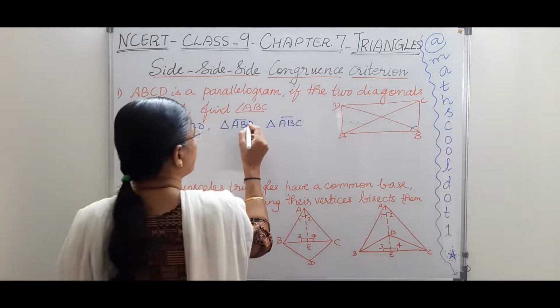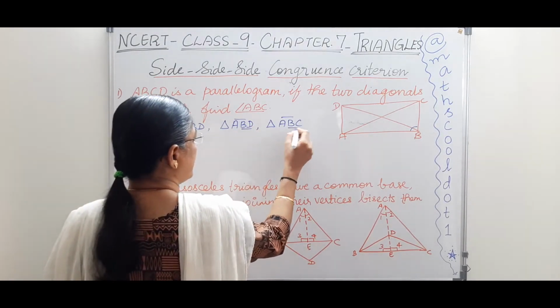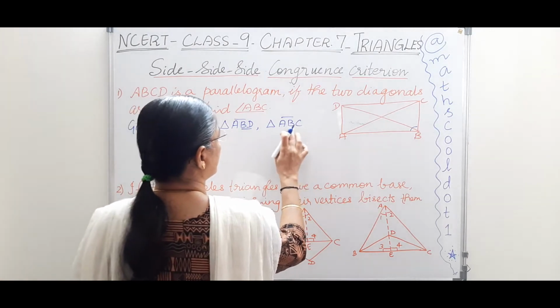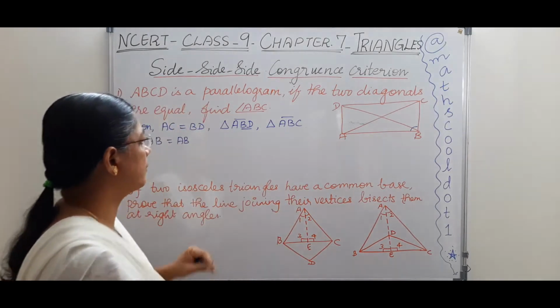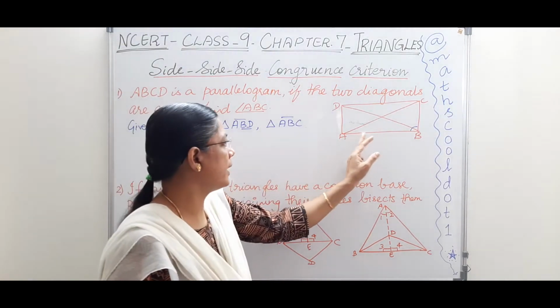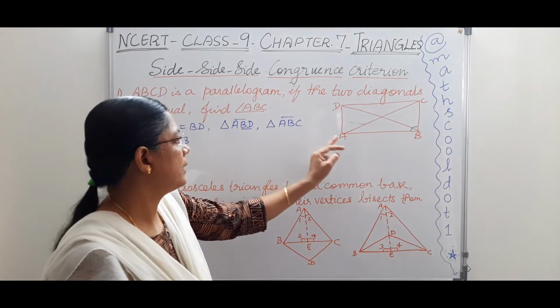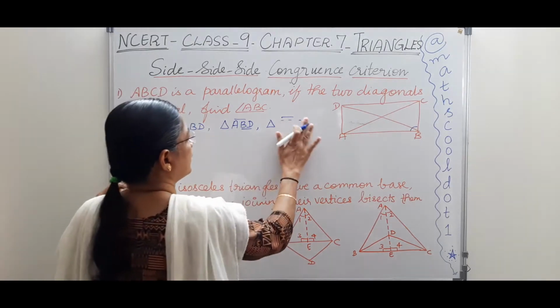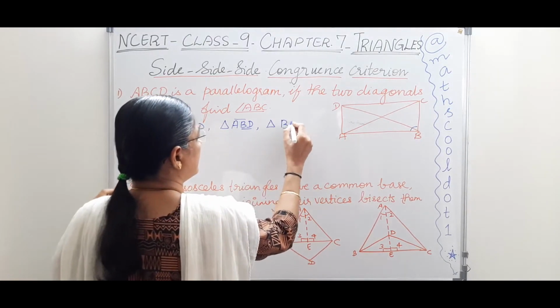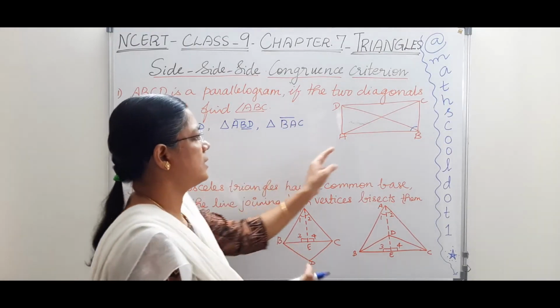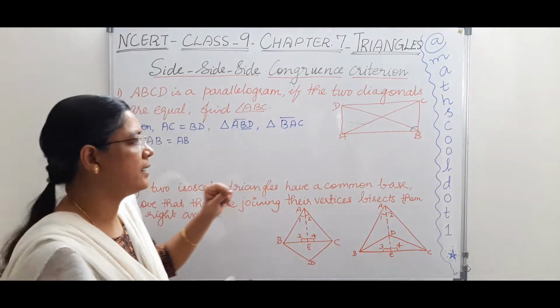Now what about BD? See, we have written A, B, D, and like that we need to write. Let me write it properly: B, A, C. Now AB is equal to BA, that is the common side.